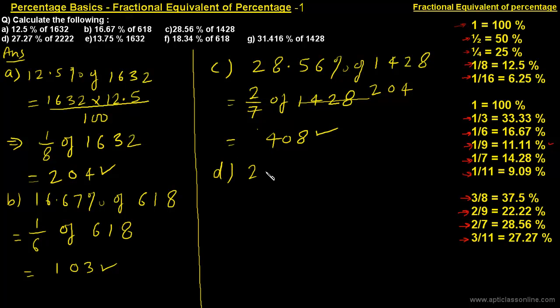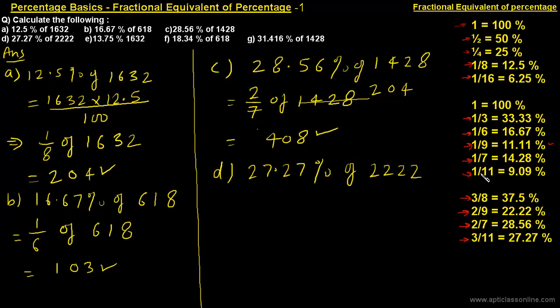Next question is D, 27.27% of 2222. Again, if you remember the fractional equivalent of 1 by 11, that is equal to 9.09%, that should be in your mind when you keep on using this fractional equivalent in different problems.